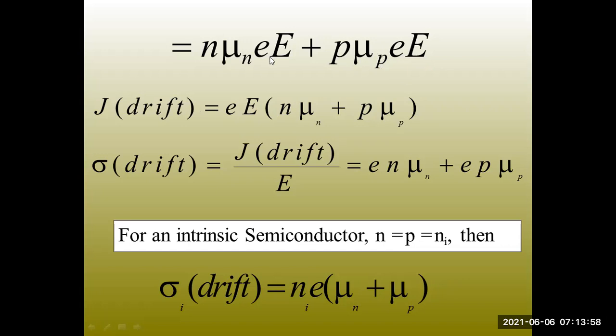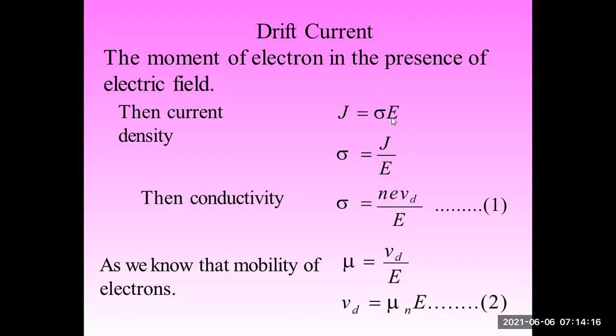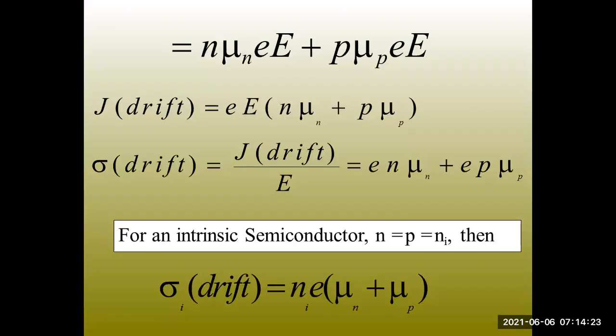When we take small e and capital E in common, we get N mu n plus P mu p. Now the conductivity value, you already know, is J by E. If you have any doubt, J is equal to sigma into E, where sigma is the electrical conductivity, J by E. Just remember that conductivity is J by E. So for J drift we got this value, and this capital E and this capital E will get cancelled in this equation.